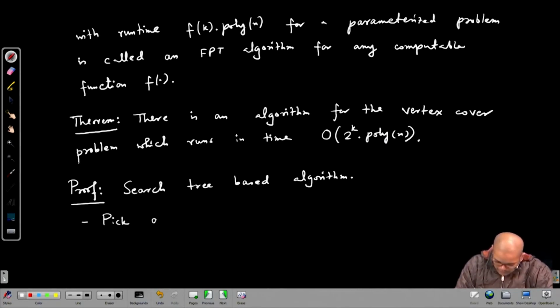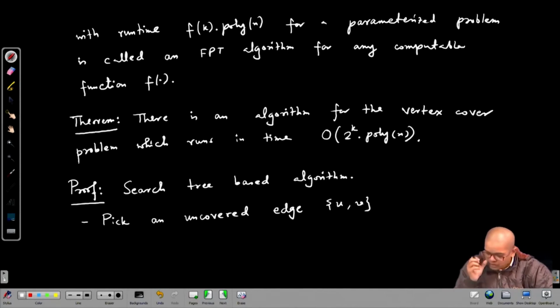Pick an uncovered edge u comma v and recursively solve.